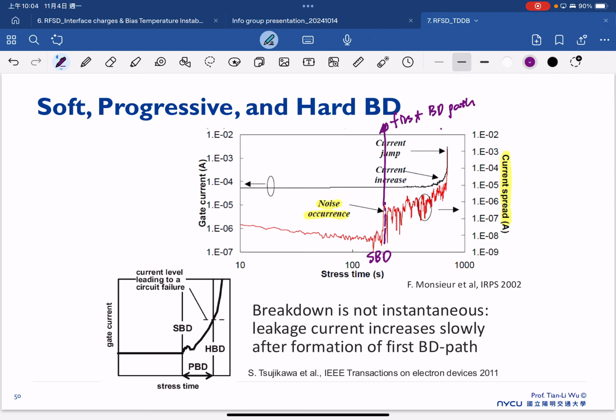In between, this period is what we call the progressive breakdown. This is exactly what is mentioned here: breakdown is not an instantaneous phenomenon. The leakage current increases slowly after formation of the first breakdown path. That's a typical thing we see in our TDDB characteristic.